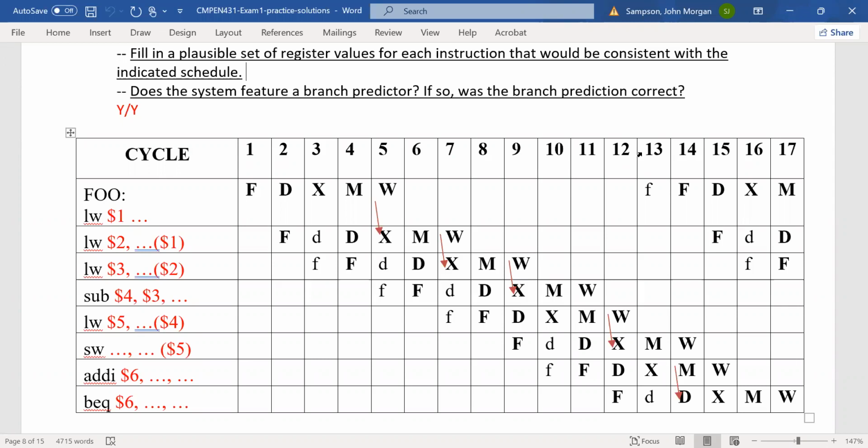I don't know if it was right. Well, it didn't destroy the instructions that it fetched, so it must have been right. It didn't squash them. Some of these questions aren't intended to be hard. Any questions on how we knew there was a branch predictor?